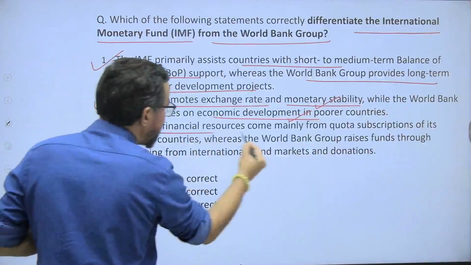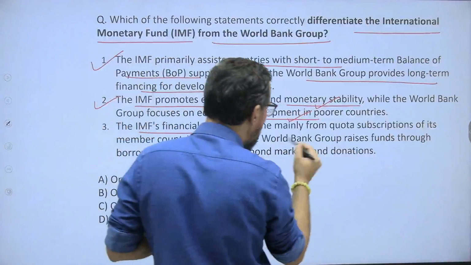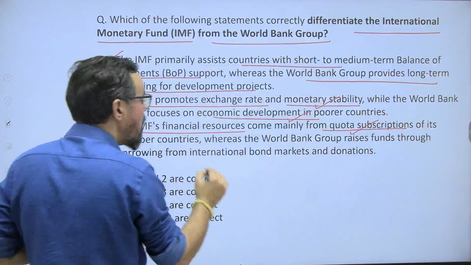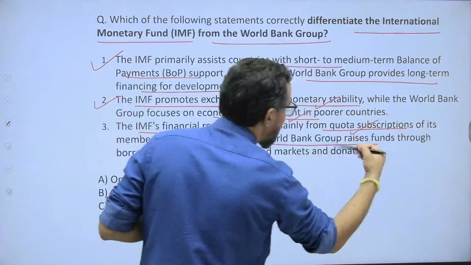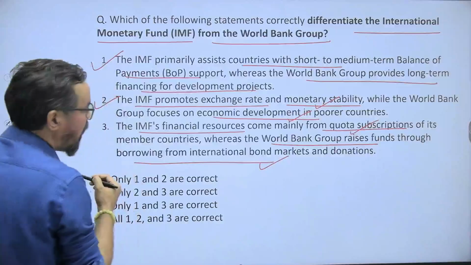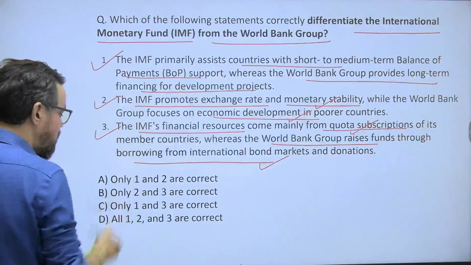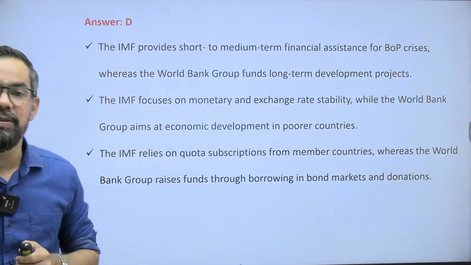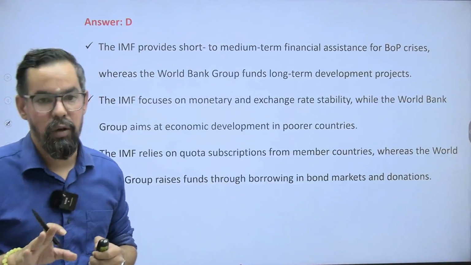The IMF's financial resources come mainly from quota subscriptions of its members, whereas the World Bank Group raises funds through borrowings from the international bond market and donations. This is also correct. All three statements are correct. Okay? So option D must be the right answer for this. So the statements given around this are correct.